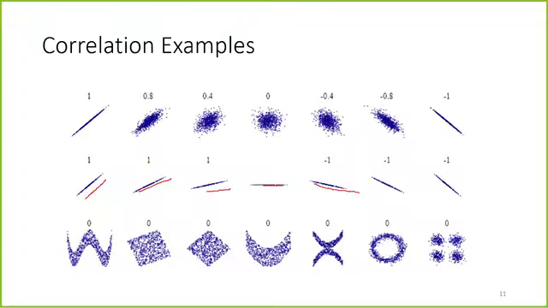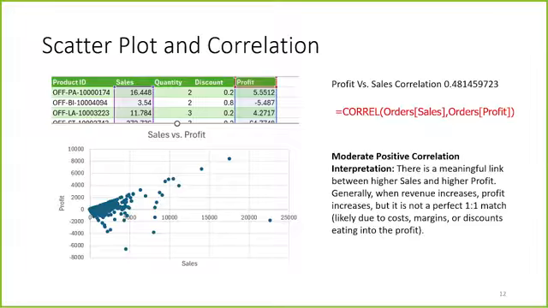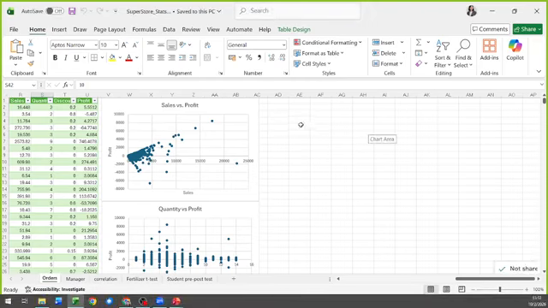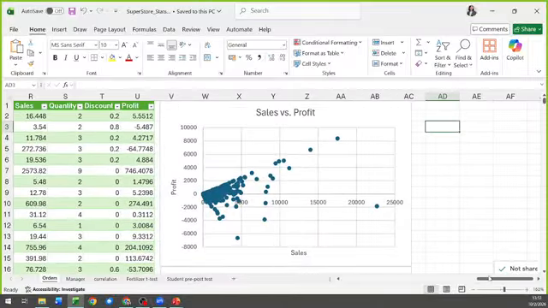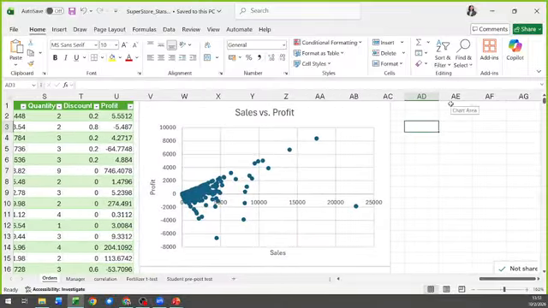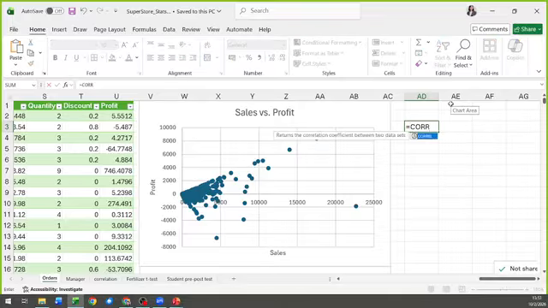Okay, let's now take a look at our Excel. I've already plotted the graph for you. Let's say we want to find the correlation coefficient for sales versus profit. CORREL. We will use structured reference again.